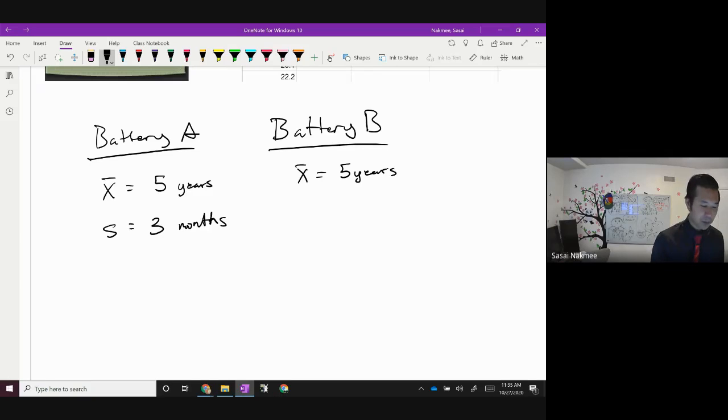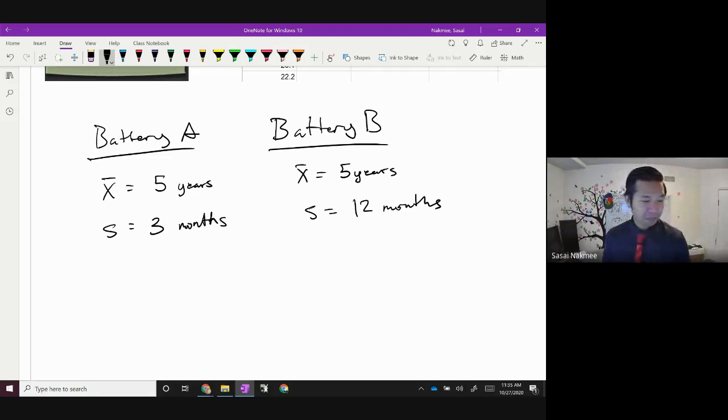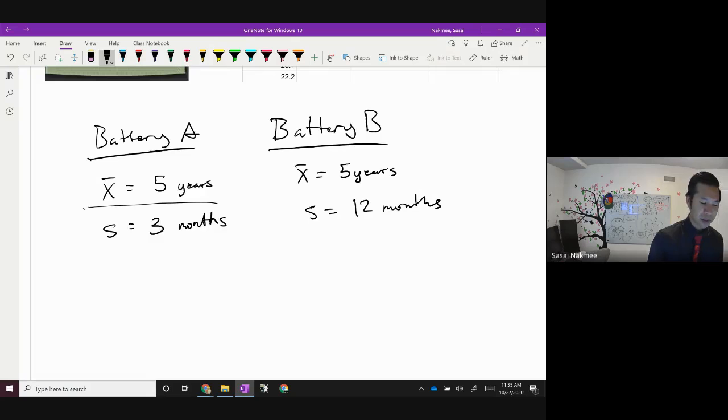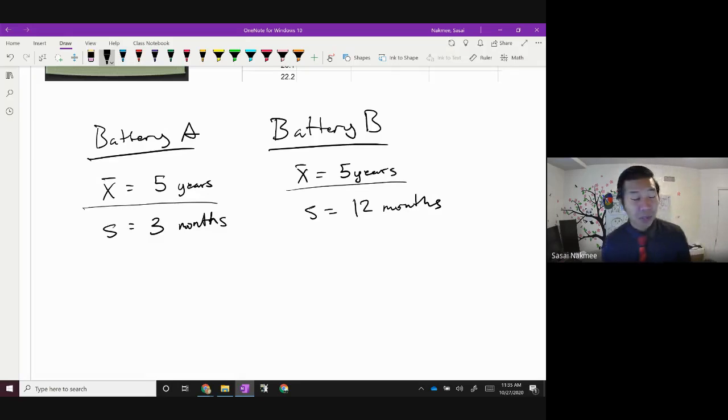Whereas battery B has a standard deviation of 12 months. Okay. Now you are asked to pick which battery you would pick for your car. Would you go with battery A, which has an average of 5 years, or battery B, which also has an average of 5 years, taking into account the standard deviation?